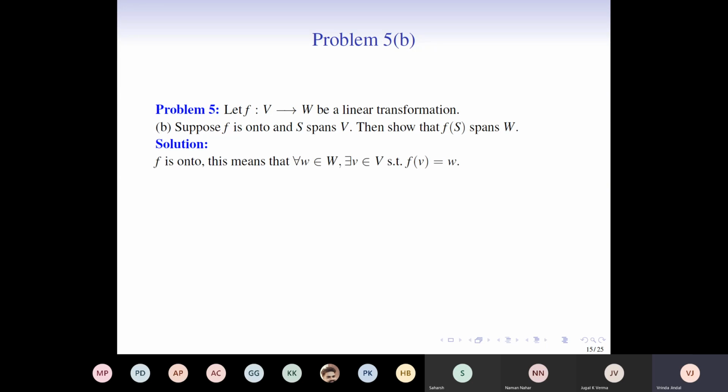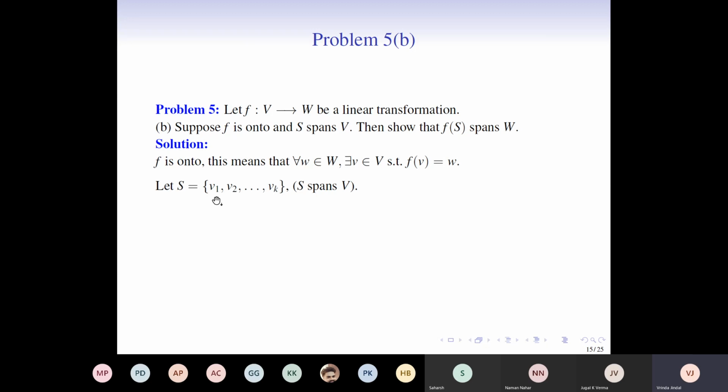This means that every element in W could be represented as some f of x. So for every vector w that belongs to the vector space W, there will exist some vector v that belongs to the vector space V such that f(v) is w. This is basically the definition of f being an onto linear transformation.